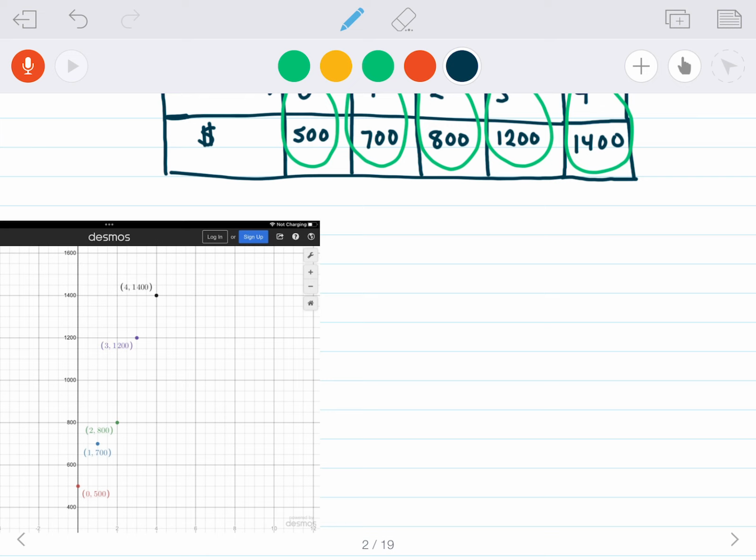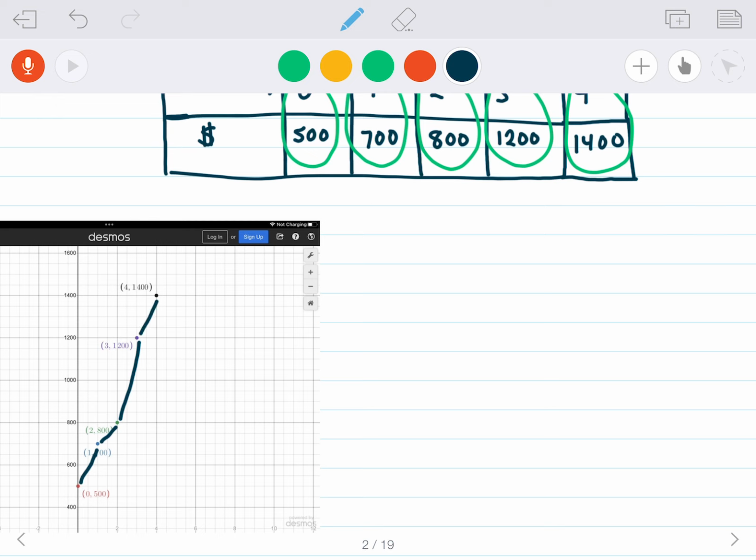What I mean by successive is the one that comes right after the next. So for instance, between month 0 and month 1, I can connect those dots, and it makes a line segment, right? Then I can look at the next pair. Between 1 and 2, I can connect those dots. Between 2 and 3, I can connect those dots. Between 3 and 4, I can connect these dots.